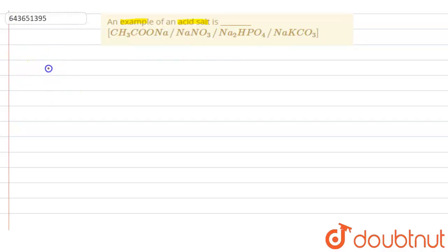So basically if we talk about acid salt, acid salts are formed by the incomplete replacement of the hydrogen atom of an acid.